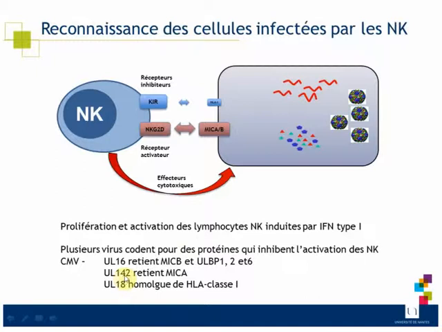UL142 will be retaining MIC-A, so it's going to knock down the activating signal. Secondly, CMV infected cells express UL18, a homolog of HLA class 1. That means UL18 is going to interact with the KIR, so these NK cells will get an inhibitory signal. So that's how one particular virus evades the NK cell response.